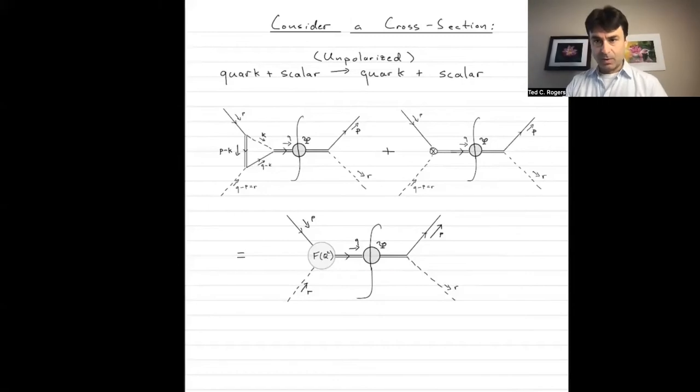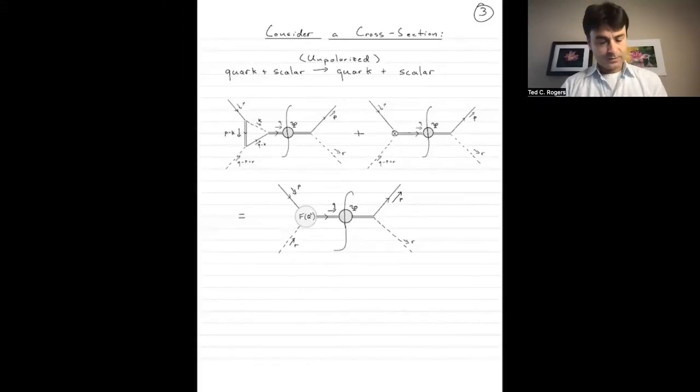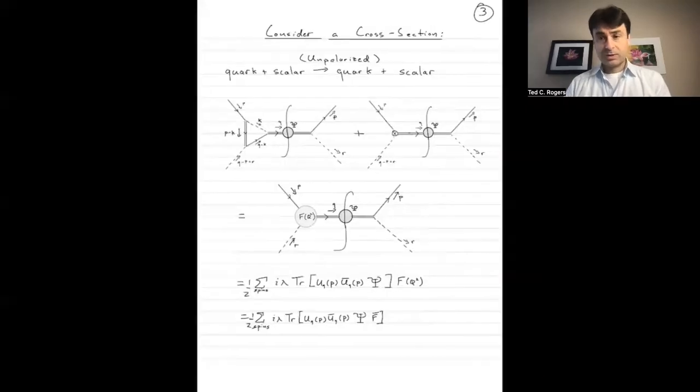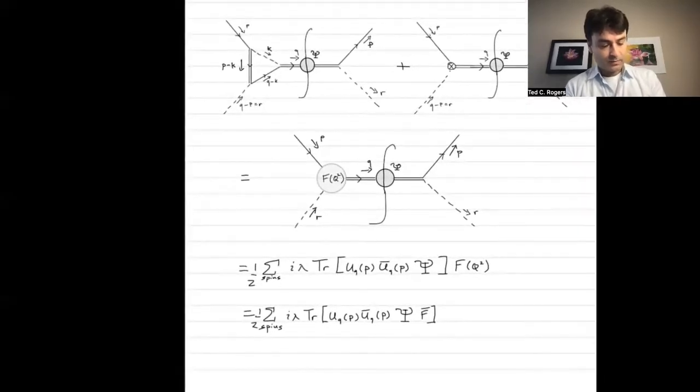So if masses are small, then that's the only Lorentz invariant that form factor can depend on. So how do these notational conventions appear when I start writing down the expressions for these diagrams? We have it down here. So if I imagine I'm doing an unpolarized cross-section, so I average over spins, the spins of these quarks right here, then I get the psi just appearing inside of a trace.